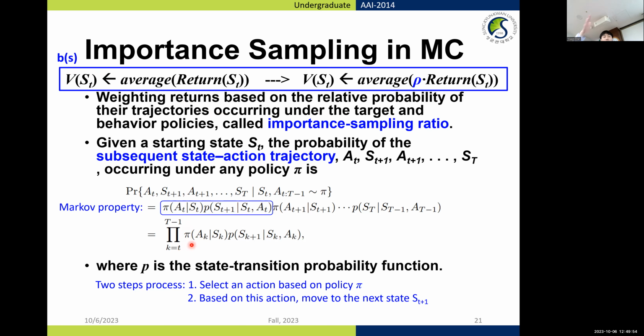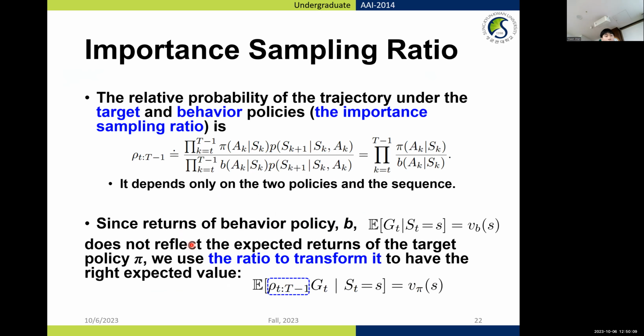Even though they follow different distributions, we use importance sampling to calculate this ratio. Then even though we don't know pi, we can scale back to pi. We calculate the probability of the sequence based on policy pi and policy b, put them together and divide them: pi(Ak|Sk) over b(Ak|Sk).